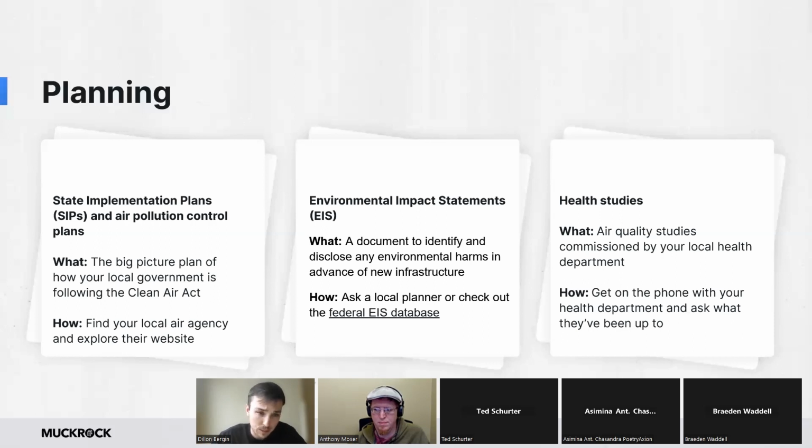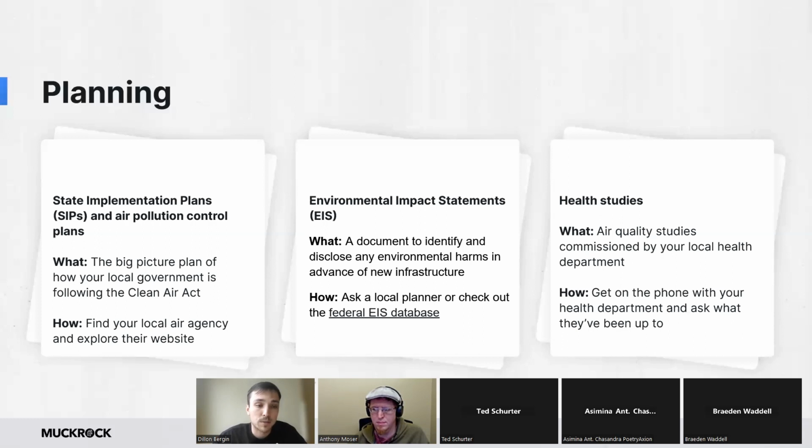So the state implementation plans are not going to tell you a lot of what's going on in your neighborhood, or at a very local level, but they are a blueprint for meeting the Clean Air Act standards in your area. That tells you what the broader emission targets are and the biggest priorities and challenges to clean air in your area. That could be at the state level or at a regional level.